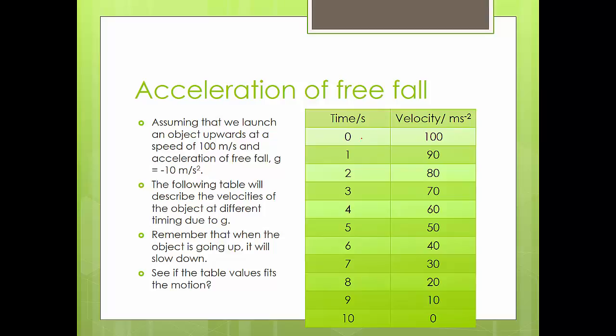At 0 seconds, it's 100. One second later, under g, it means subtract away 10, so it becomes 90. From 100 to 90, 80, 70, 60, and so on until time equals 10 seconds, it would be 0. So it describes the speed of the object as it goes up, and at the top, the velocity is 0.